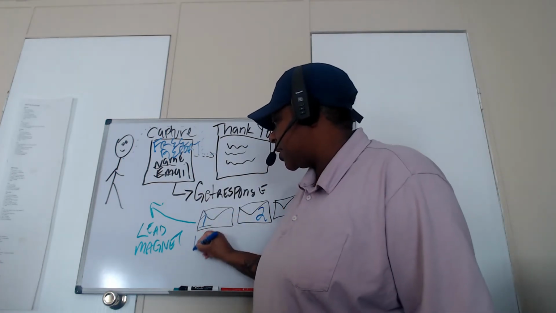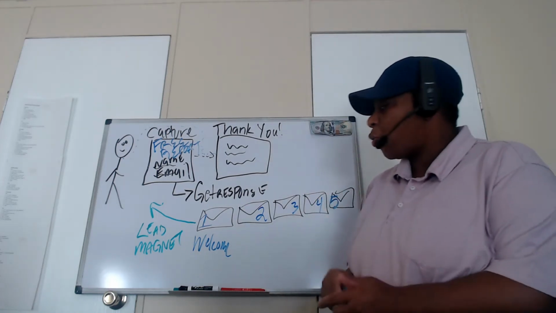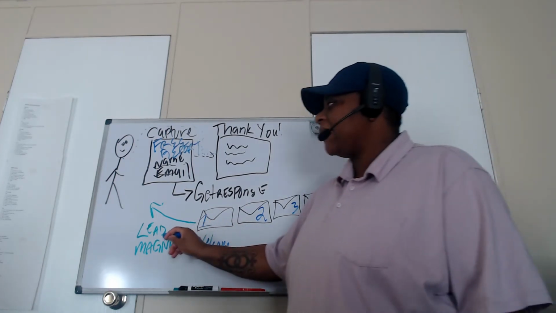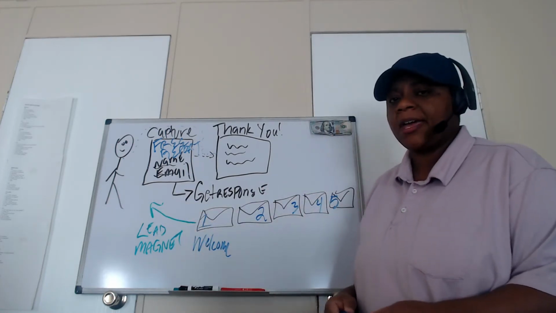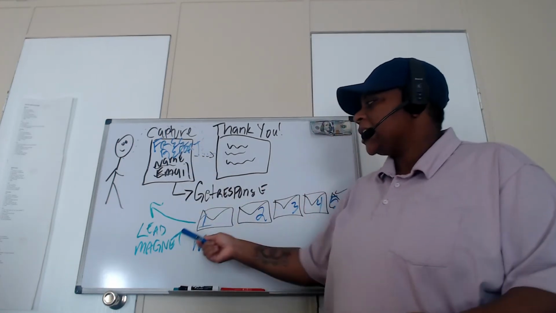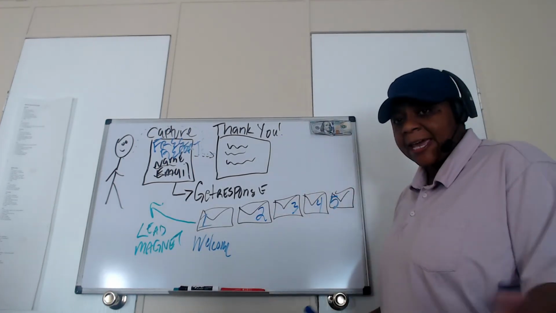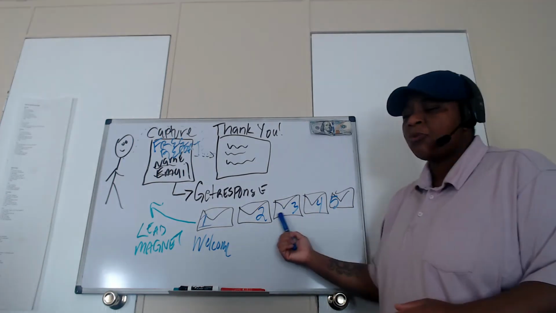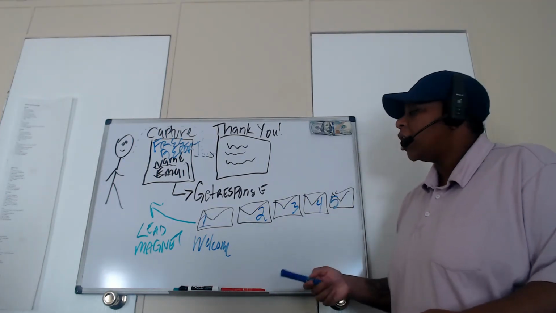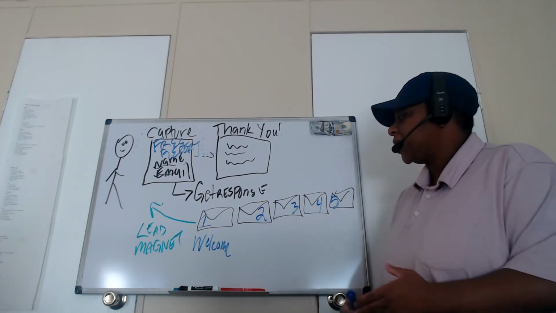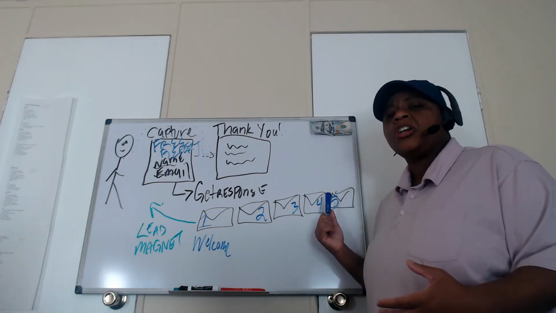That first welcome message will deliver the lead magnet to them, because you want to give them what you promised, which is whatever this free report is going to deliver. And then, like I said, we want to have a few more messages in our autoresponder to go out each day, every other day. But a good sequence of 5 emails to rock out.